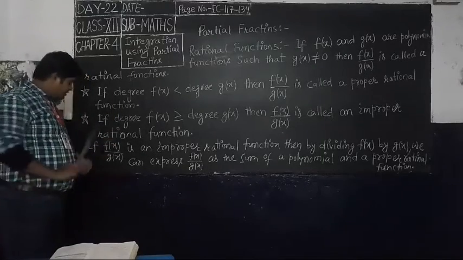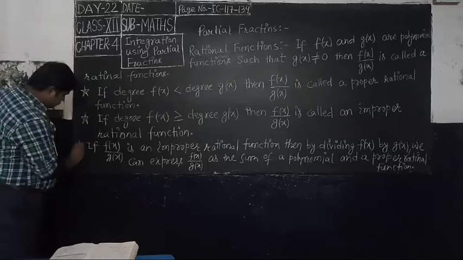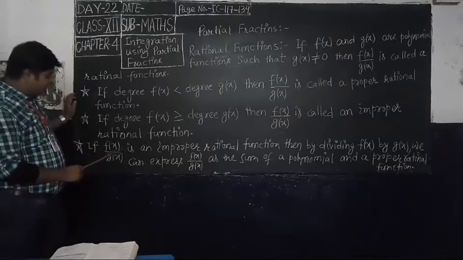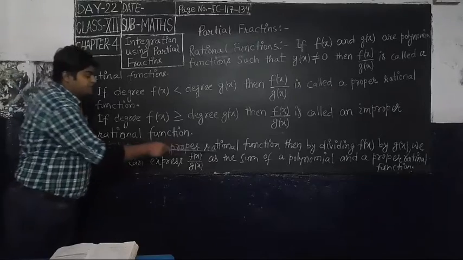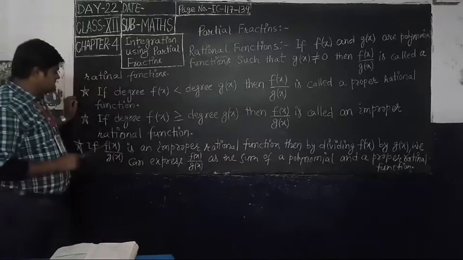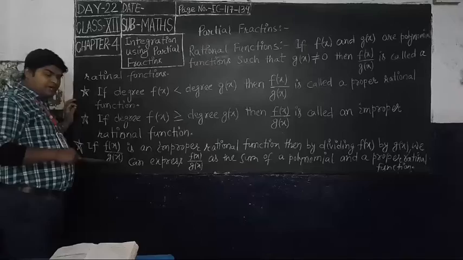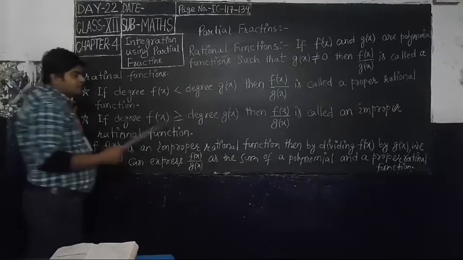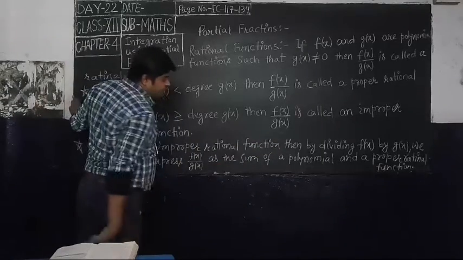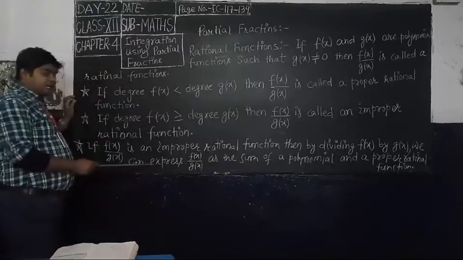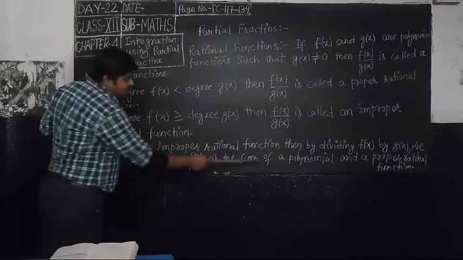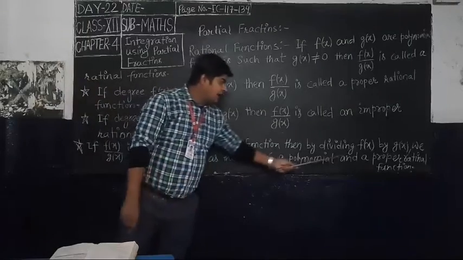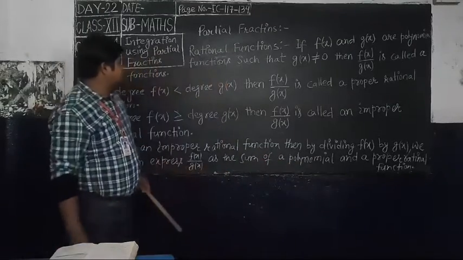Another important point here: if f of x by g of x is an improper rational function, that means a cubic polynomial divided by a quadratic polynomial, then by dividing f of x by g of x, we can express it as the sum of a polynomial and a proper rational function.